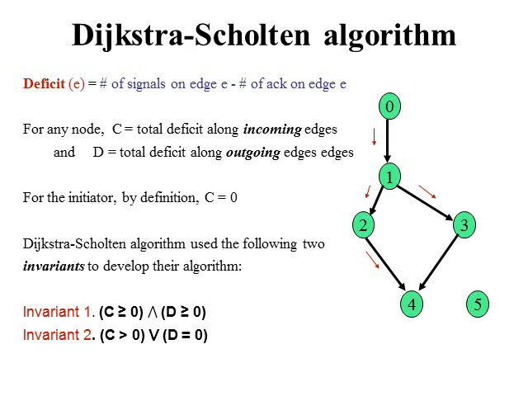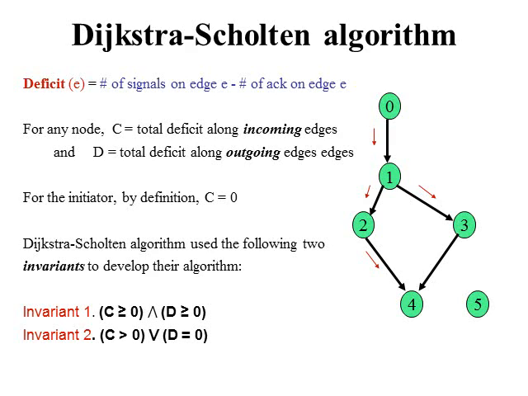The first invariant is very straightforward. It comes from the fact that the deficits are always non-negative integers, whether along incoming edges or along outgoing edges. Basically, no node is going to send out an acknowledgement before receiving a signal. So the number of signals sent out is always going to be greater than or equal to the number of acknowledgements received.